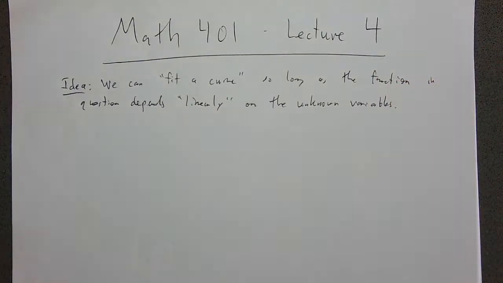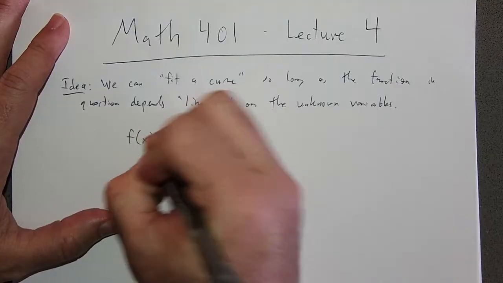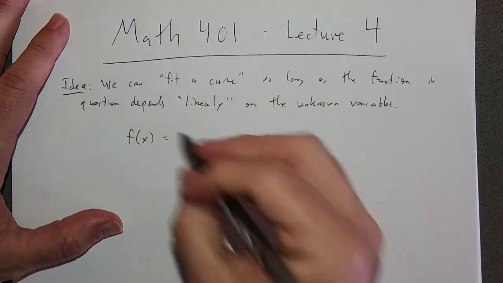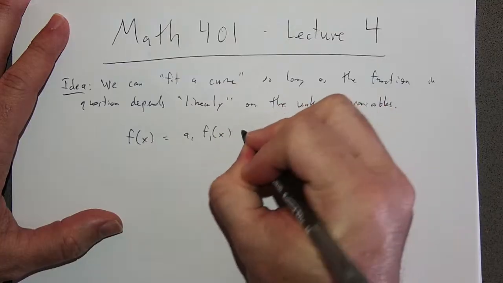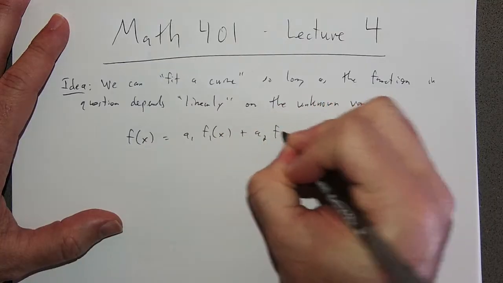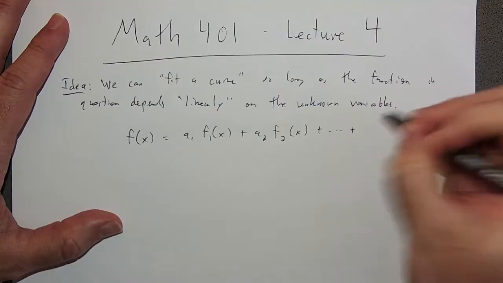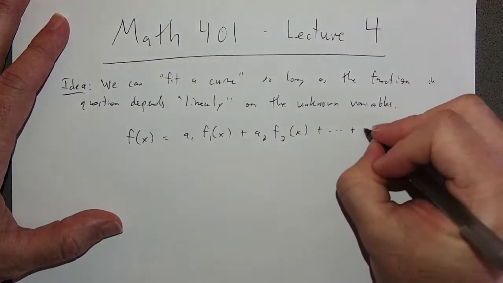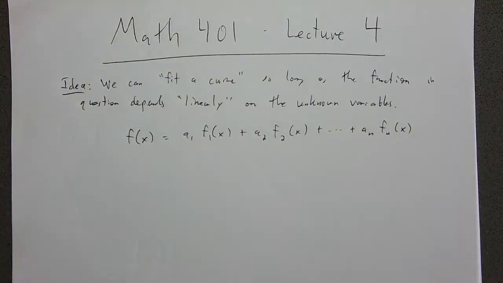So what do I mean by this? The function in question needs to look like this, where each of these f sub i's are functions of x, but the unknown variables that we seek are actually these a sub i's.